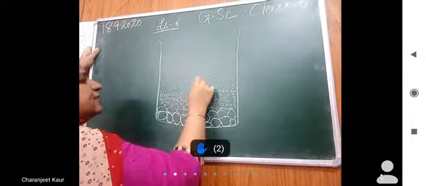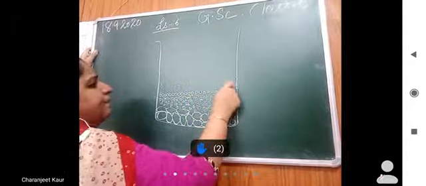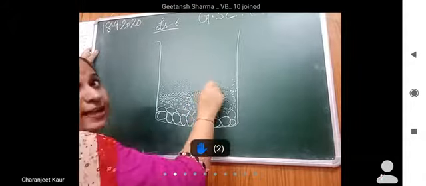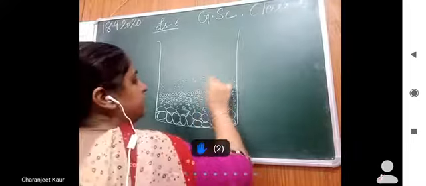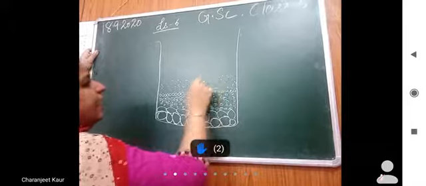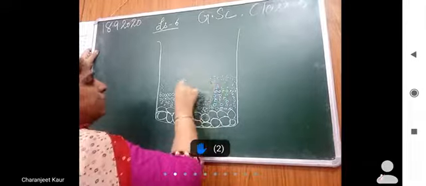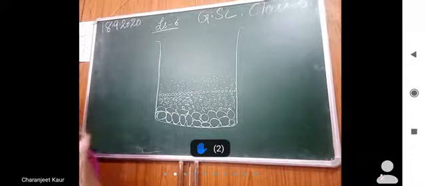You can draw side by side. If it comes in the exam, you have to draw exactly the same. Otherwise, no marks will be given. Because in your book it is shown by different colors, right? And it is not very correct. This is clay.